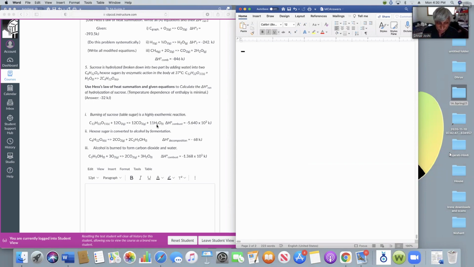So sugar, as we eat it, is first broken down into glucose and fructose, or was it galactose and fructose? I forget.